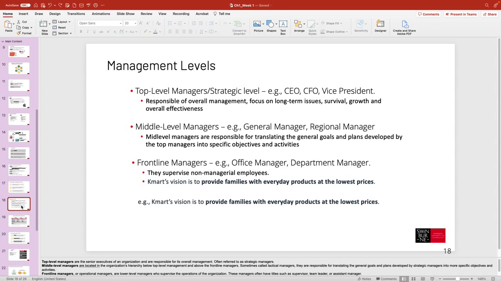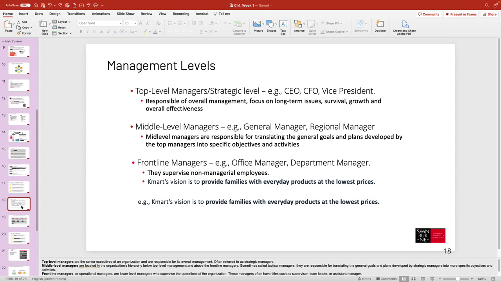In a typical organization, guys, there are different levels of managers: top-level, mid-level, and frontline managers. I've given you some examples of what these titles are. For example, top-level managers are the C-suite: CEO, CFO, vice presidents, and so on.